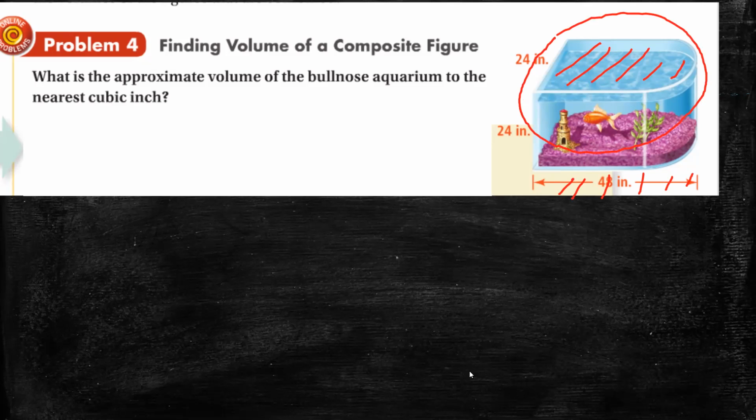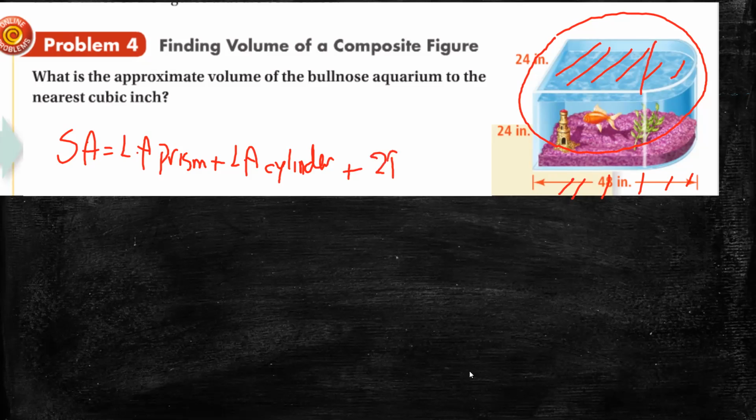So the surface area here is the lateral area of the prism plus the lateral area of the cylinder plus the area of the two bases of the prism, because we have these two bases up and down, and also we have half circle plus half circle.